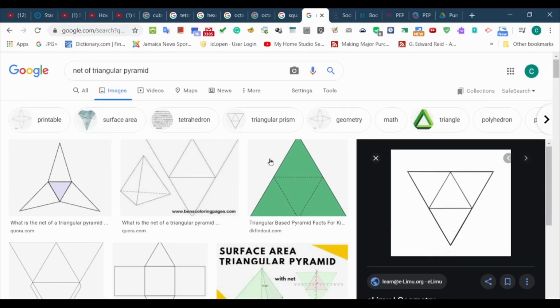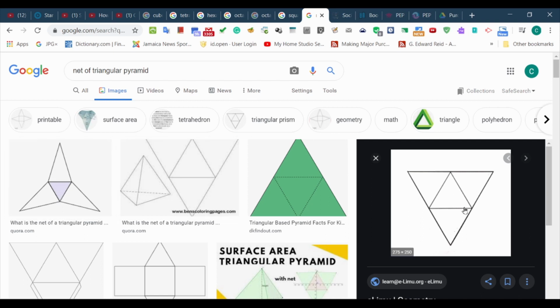Our last question asked us, which of the nets is a triangular pyramid? Now, remember, a pyramid has a point at the top, and the base would be triangular. So this is the one that best suits it.